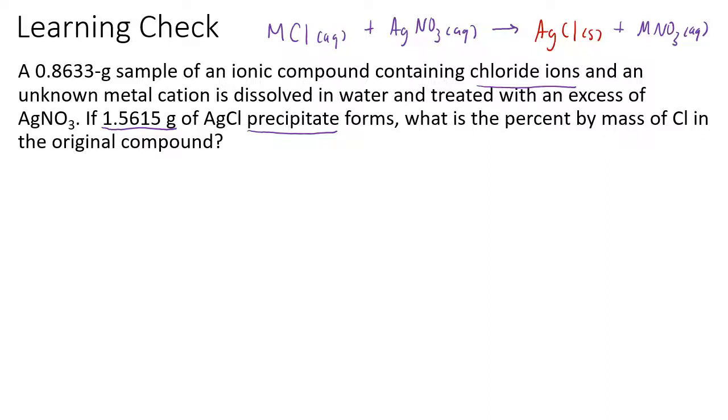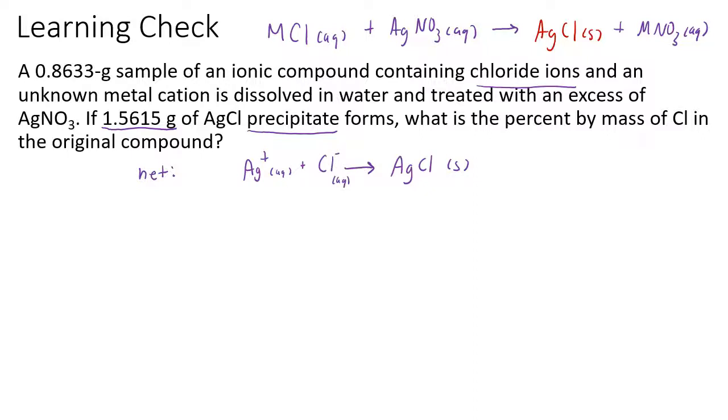The first thing we want to do is start at the bottom. We know we formed a silver chloride precipitate, so can we write the net ionic equation for the formation of our silver chloride precipitate? Silver chloride must have been from the combination of aqueous silver ions plus aqueous chloride anions.